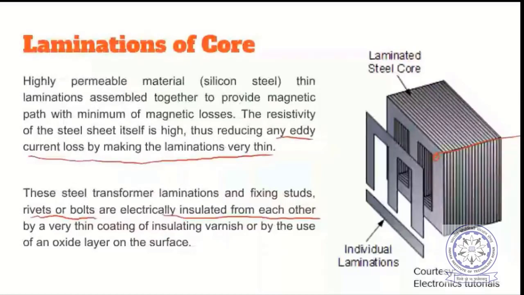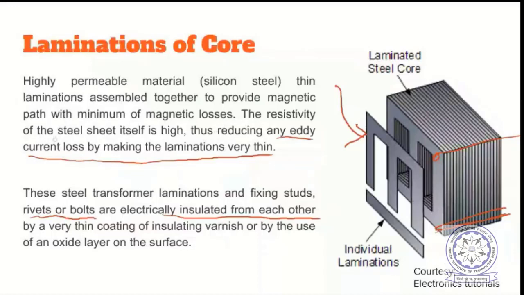The laminations of a core are made with highly permeable material such as silicon steel, and these are thin laminations. This is one lamination you can see here. So they are all assembled together using rivets, bolts or studs, whatever they are called.